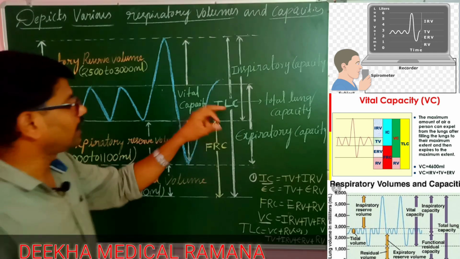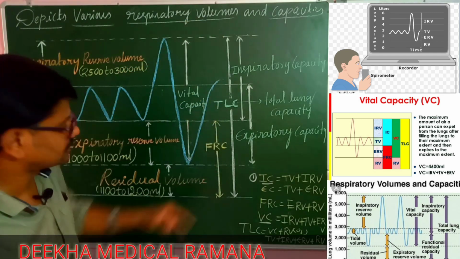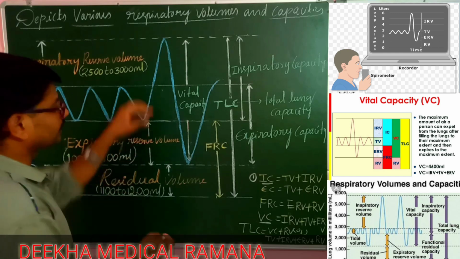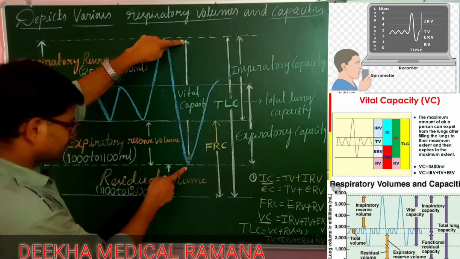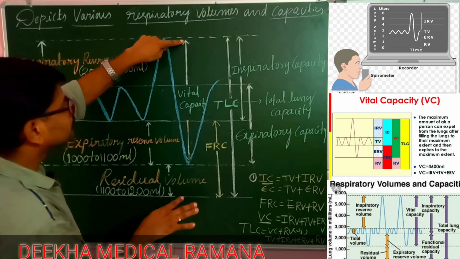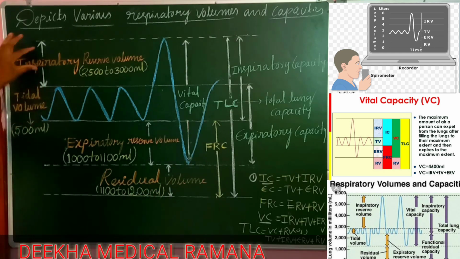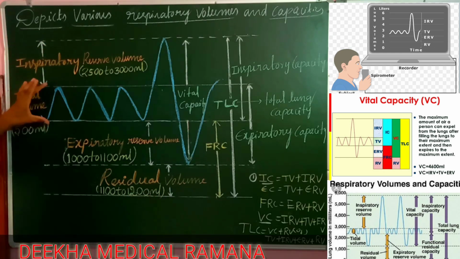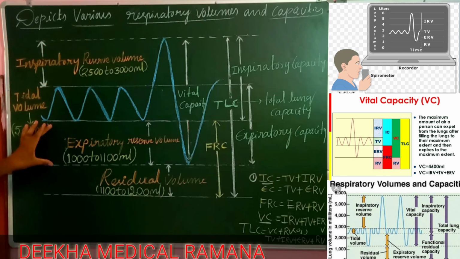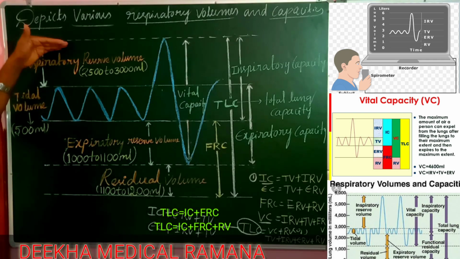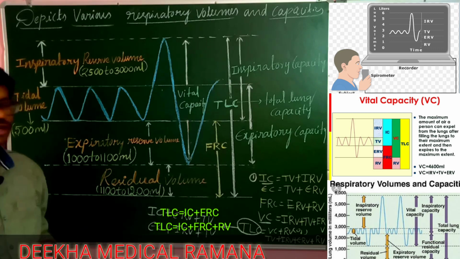We have different formulas: vital capacity plus residual volume, or inspiratory reserve volume plus tidal volume plus expiratory reserve volume plus residual volume. By addition of all volumes, we get the total lung capacity.